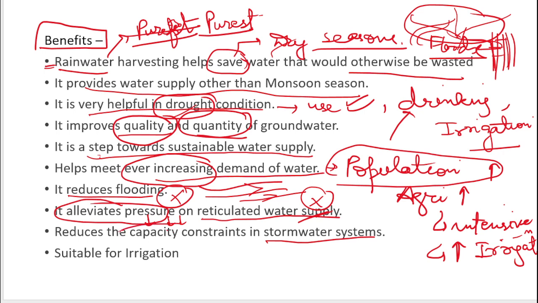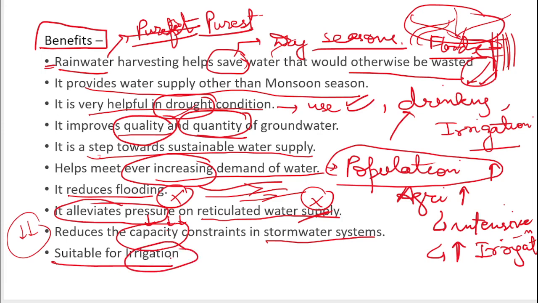As I've shown here, if the water is harvested, the water will not exceed the capacity, so the capacity constraints in the storm water system will be reduced, as excess water will be stored in groundwater, so its capacity will never exceed. It is also suitable for irrigation: this water which we have harvested can easily be used for irrigation, as we have discussed here. So these are some of the benefits of rainwater harvesting.